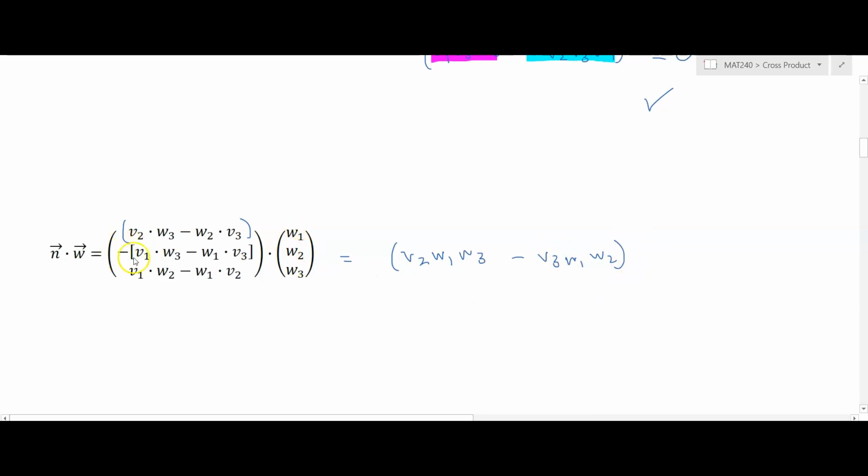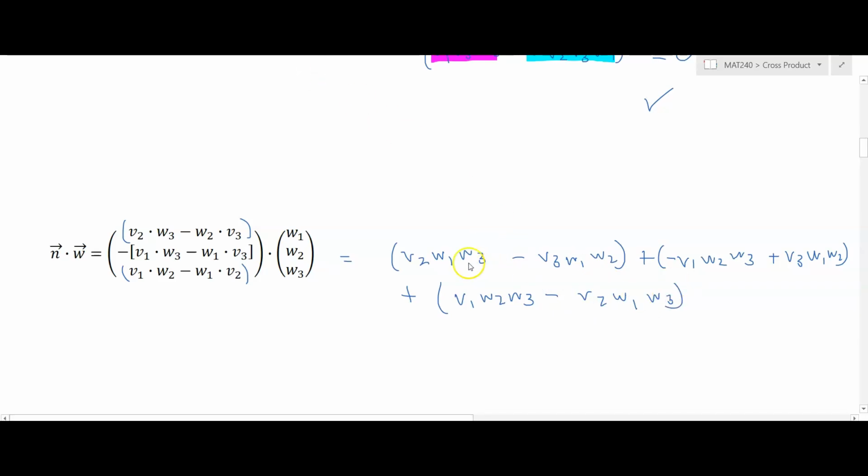And then w2 will multiply the negative of v1 w3, which will be negative v1 w2 w3. The second component will be w2 times the positive w1 v3, so that'll be v3 w1 w2. And finally, the third term will be w3 times this, which will produce v1 w2 w3 minus v2 w1 w3.